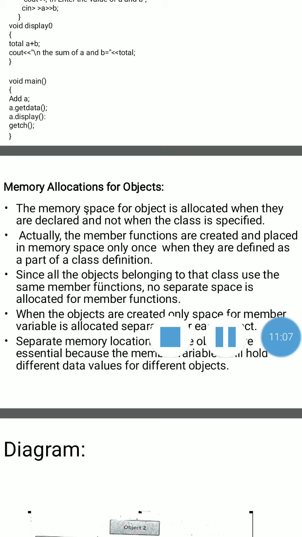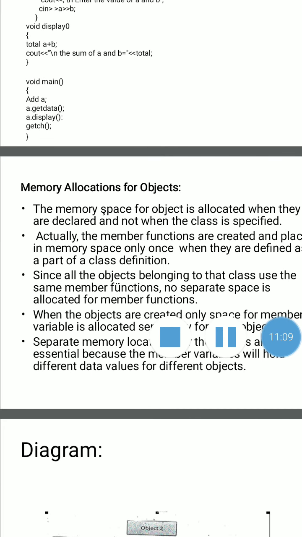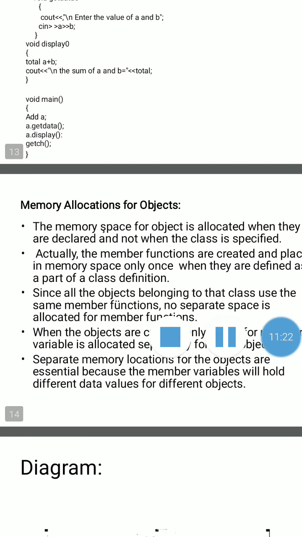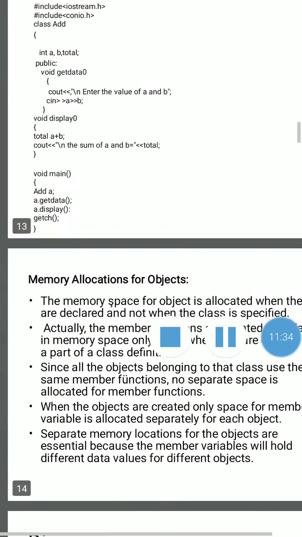In the previous example, we created an object a of class add. So here we create memory for object a. But the most important thing is that a is an object, a part of which class? Add. So look in the class.